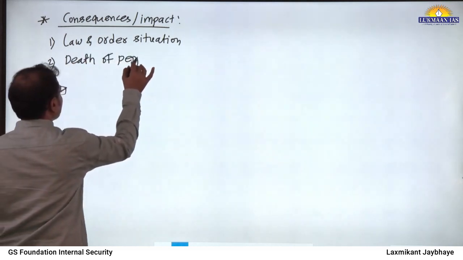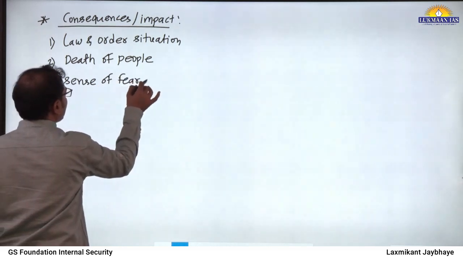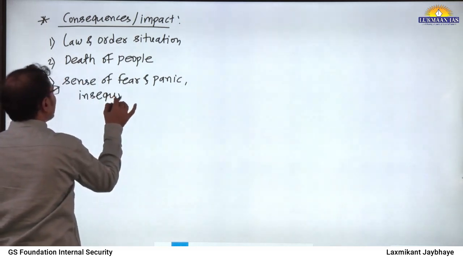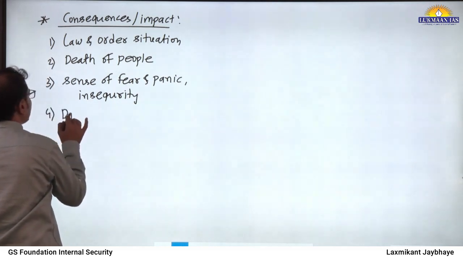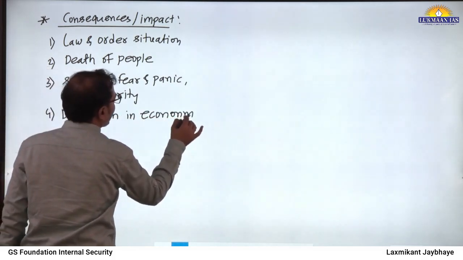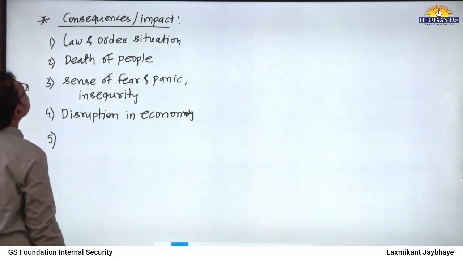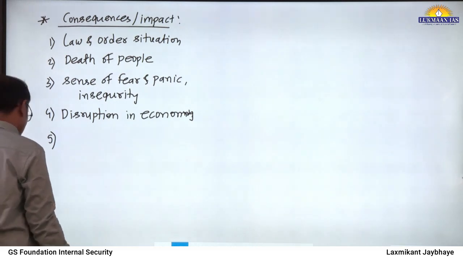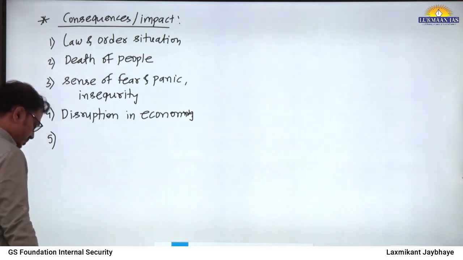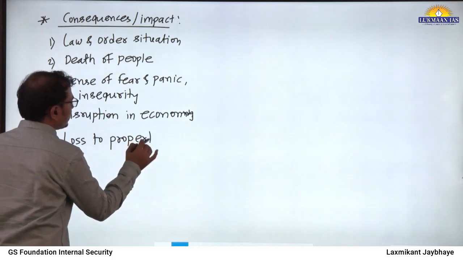Death of people, sense of fear and panic, insecurity, disruption in economy, then damaging the infrastructure, loss to property. Loss to life, loss to property, you have to write both.